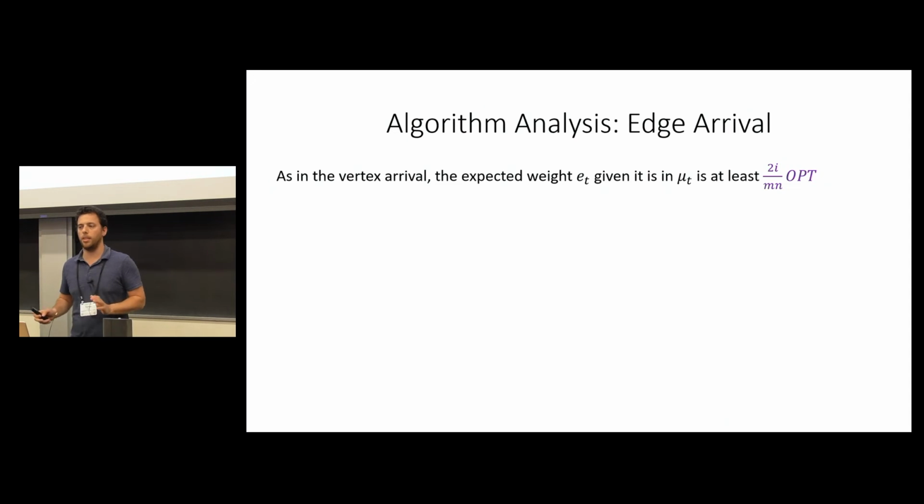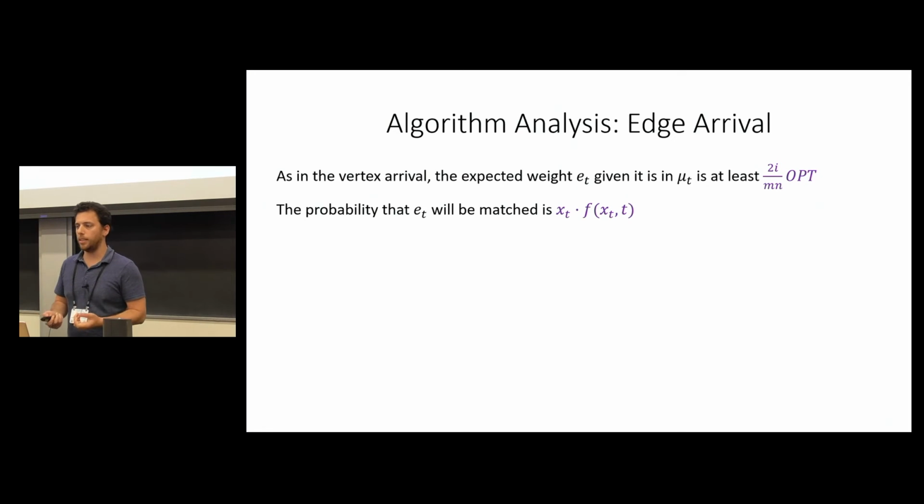So very similarly to the case of the vertex arrival, you can show that the expected weight of mu t is proportional to the number of edges that arrive so far, which is 2i over mn. So the expected weight of mu t is approximately 2i over mn times opt.